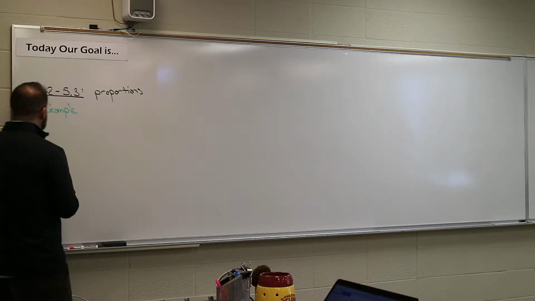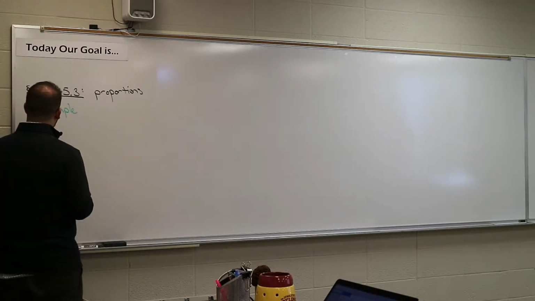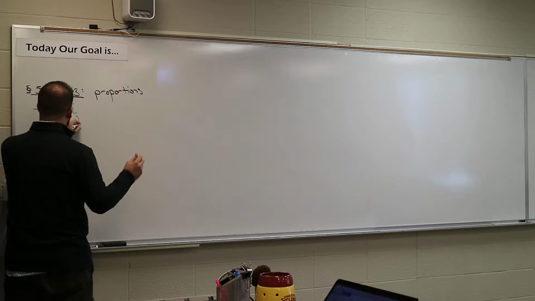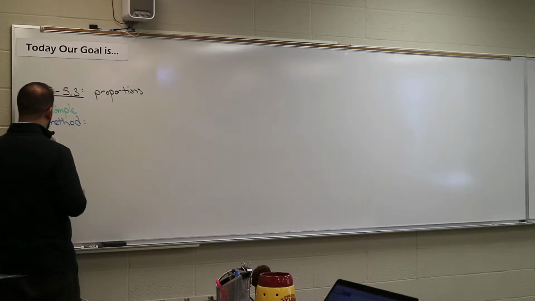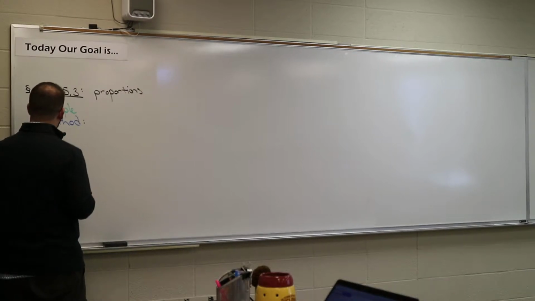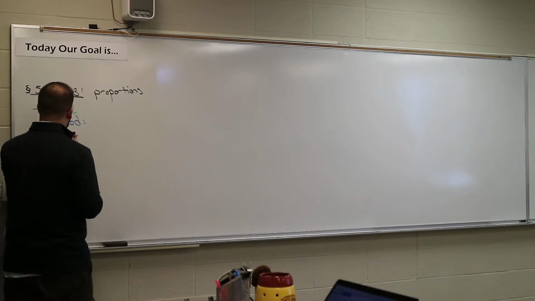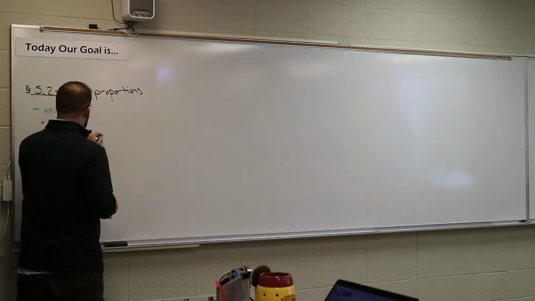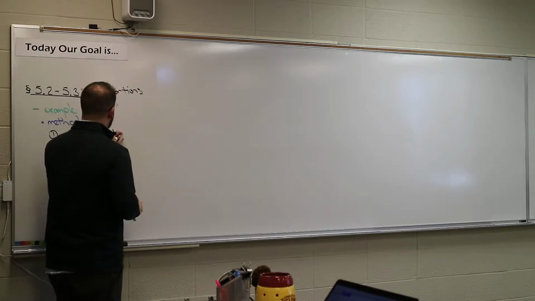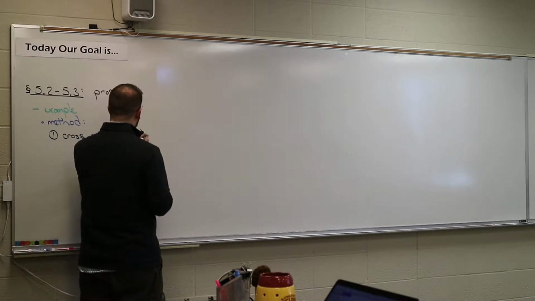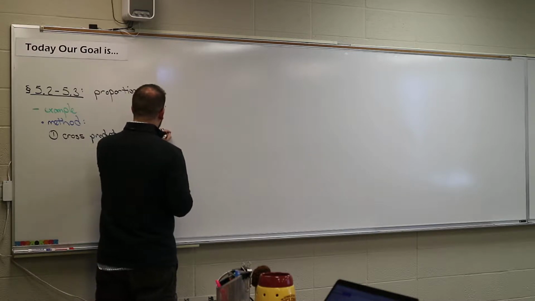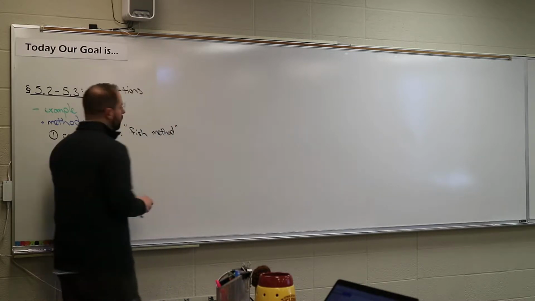So the main method that we talked about last Monday, the main method that we use, number one, is called a cross product. So first method is a cross product. Now, what I call that in class, aka the fish method.